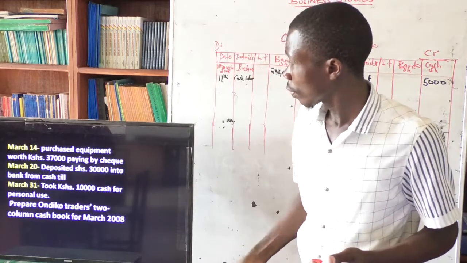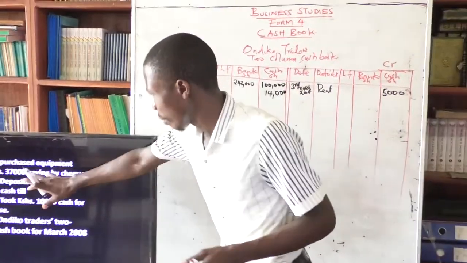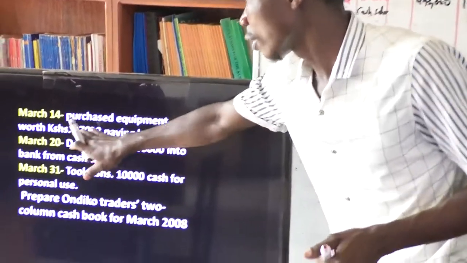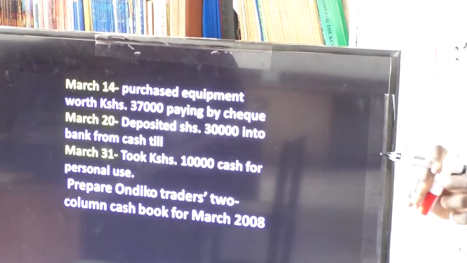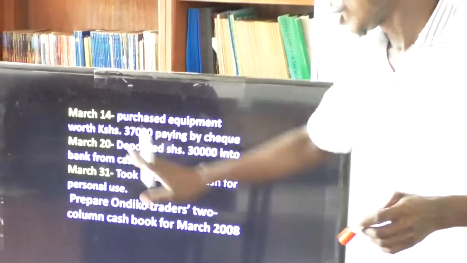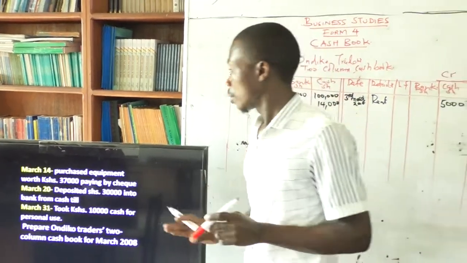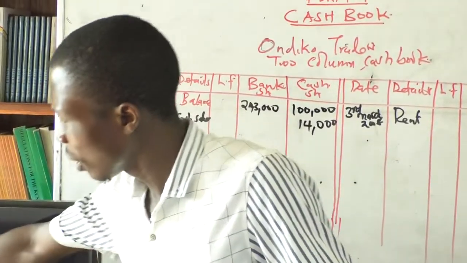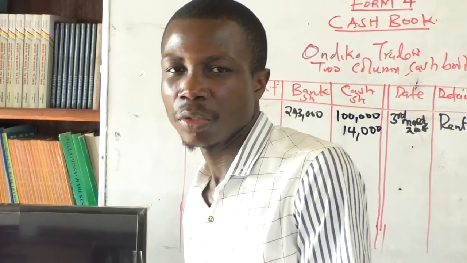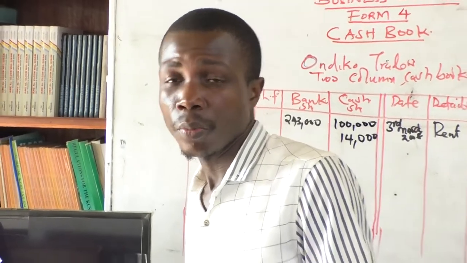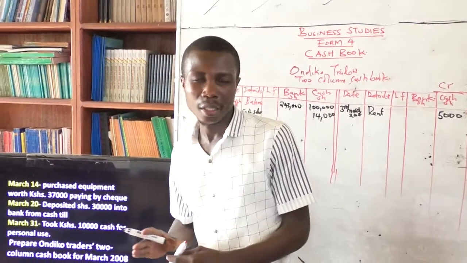Then the next question, 14th March, purchased equipment worth 37,000, paying by check. That one affects the bank. If he purchased, that means that he used money; he removed some cash to pay for equipment.